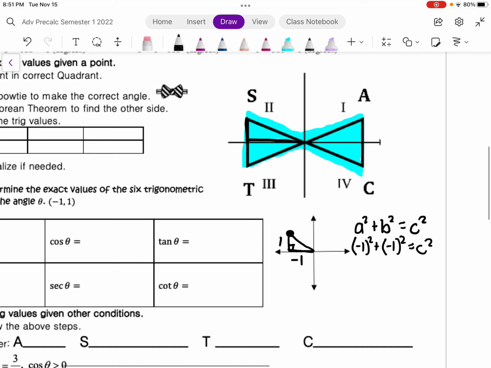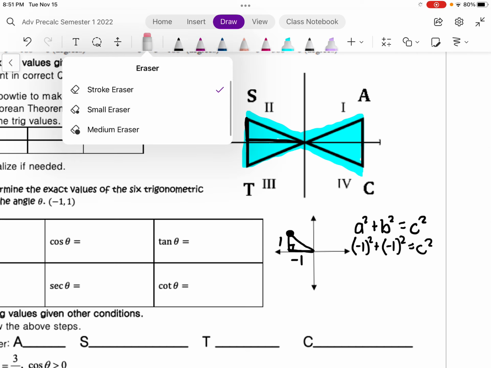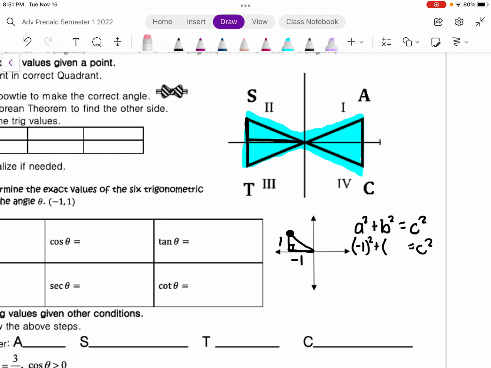Oops, one of those should be positive. Sorry, they're not both negative. Doesn't really matter for our next step if you've been working ahead, because once I square it, it gets 1 plus 1. That is 2. Take the square root so that c is the square root of 2.